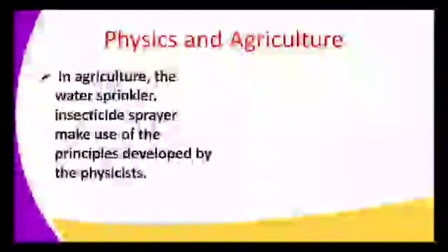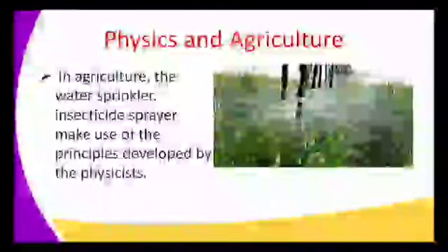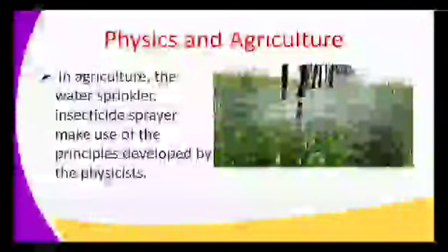Now here the thing is, physics is able to develop the principle that can be applied in agriculture to spray or sprinkle water. And we have here a sample. This is a farm, and they are sprinkling this farm with water. So how this water is coming out of this can only be explained in physics.